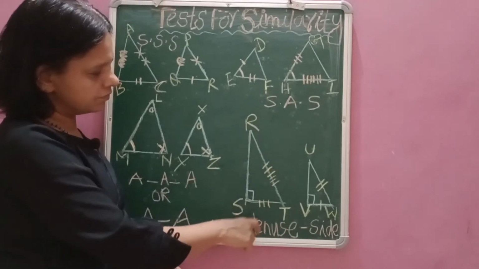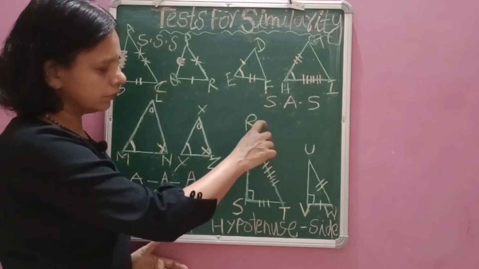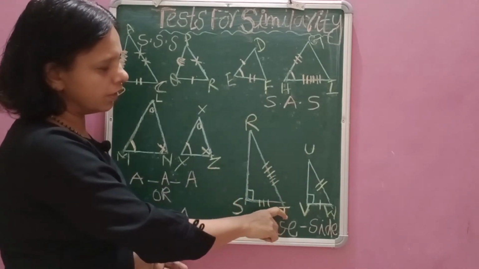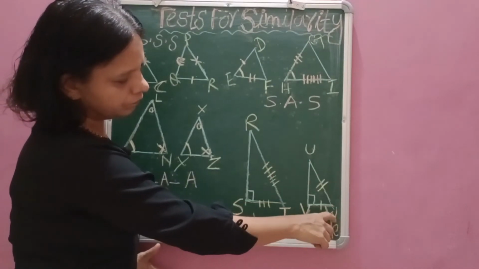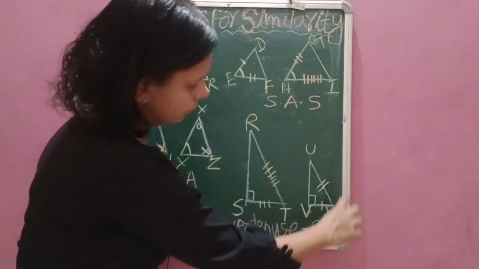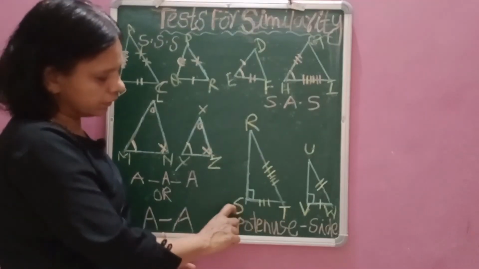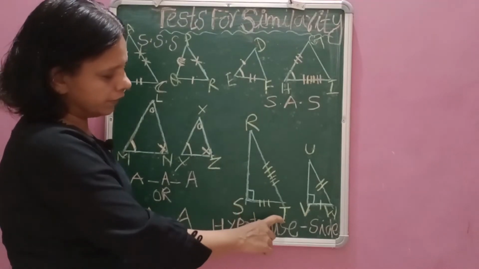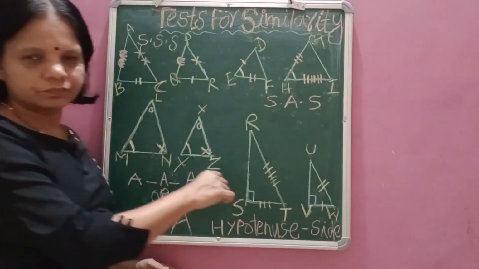Now the test is, here you can see the marks, proportional marks on hypotenuse RT and hypotenuse UW. Also the proportional marks on the side ST and the side VW.